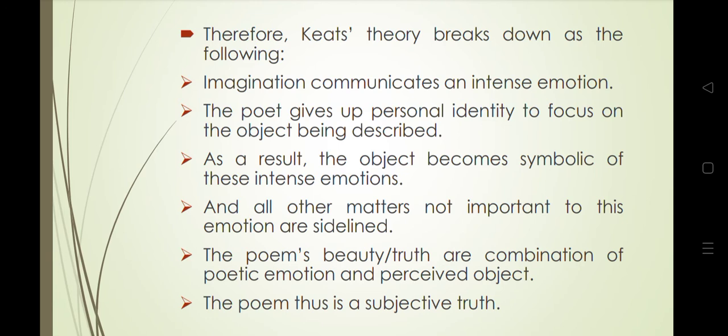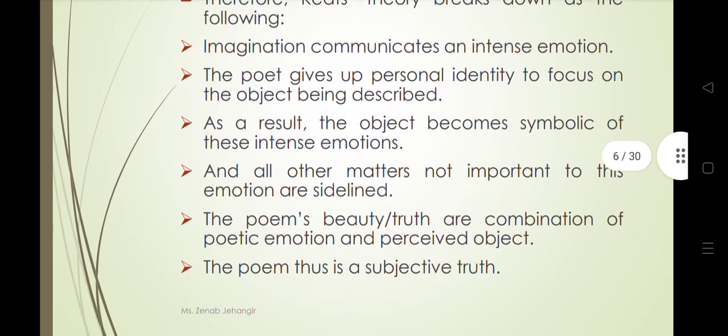Imagination communicates an intense emotion, and the poet gives up personal identity. The second one is focus on the object being described. And the third is that, as a result, the object becomes symbolic of this intense emotion, and all other matters are not important to this emotion.